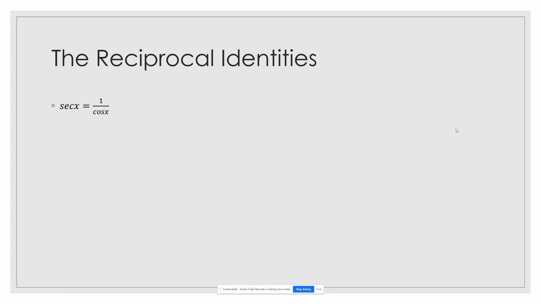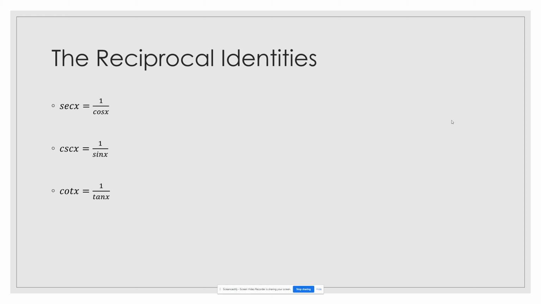Okay, so our first reciprocal identity is secant of x equals 1 over cosine of x. Our next one is cosecant of x is 1 over sine of x. And then we have cotangent of x equals 1 over tangent of x. So those are our reciprocal identities.